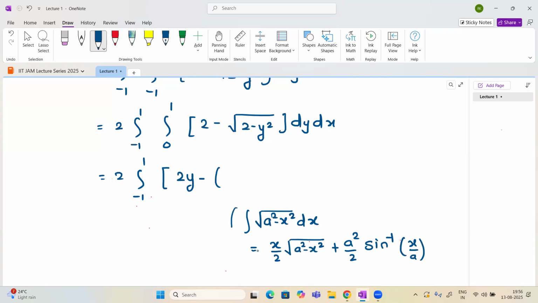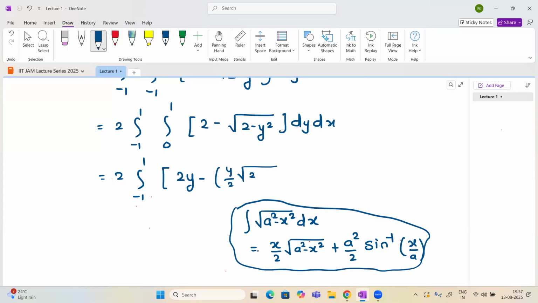Will you use this formula and tell me what will be the answer? Y by 2 root 2 square minus y square plus y square by 2, a square, that is 2 by 2, sine inverse y by a, where a is root 2.